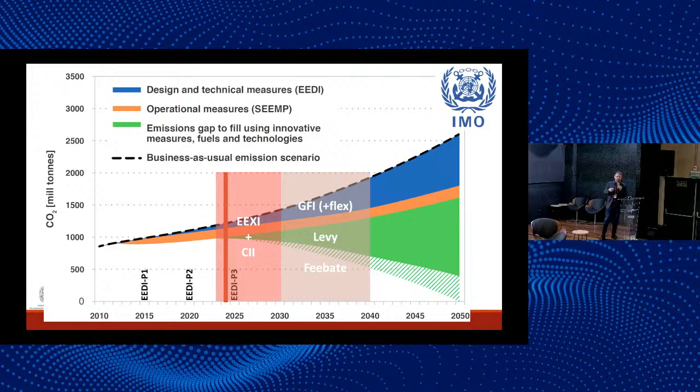And today in London at IMO, there are some policies being discussed, mainly using what we call market-based measures, carbon levies and similar solutions. All of these solutions are going to be applied also in national waters in Brazil. So they are going to be applied for shuttle tankers, for instance, for short sea shipping, for cabotage, and so on. So there is a potentially really high impact for industry.